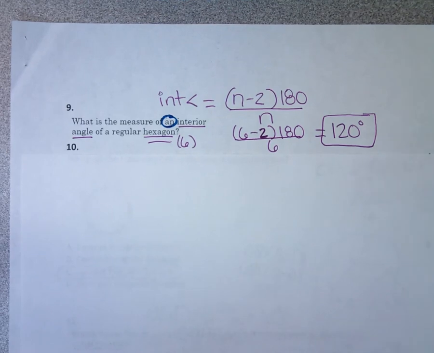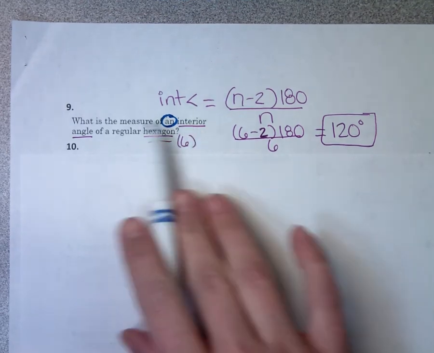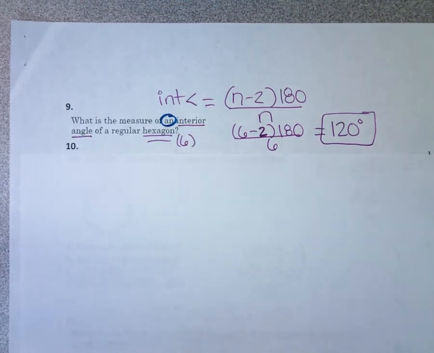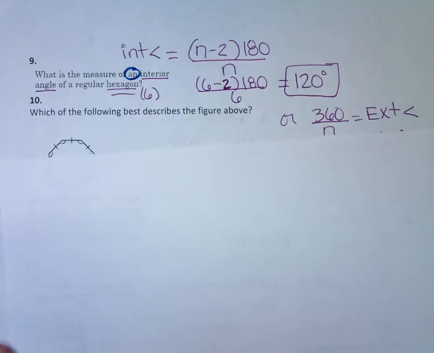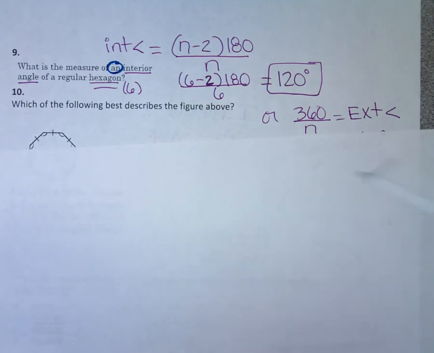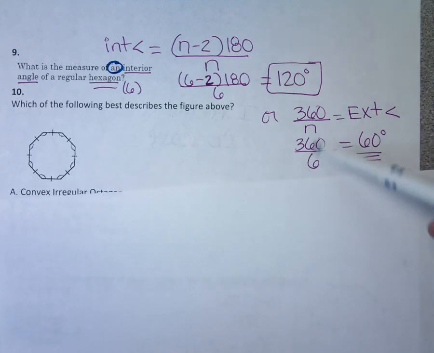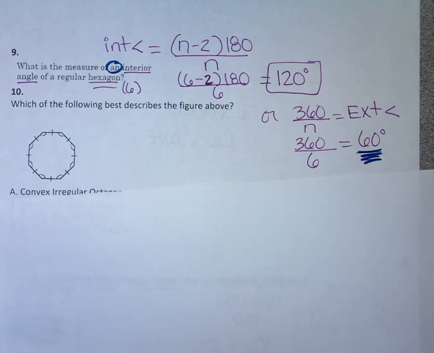Another way I could do this is instead of finding the interior angle first, I could find the exterior angle first. So if I wanted to know the exterior angle first, I would take 360 divided by how many sides? And since a hexagon has 6 sides, I would divide by 6. And I could get the exterior angle first to be 60.